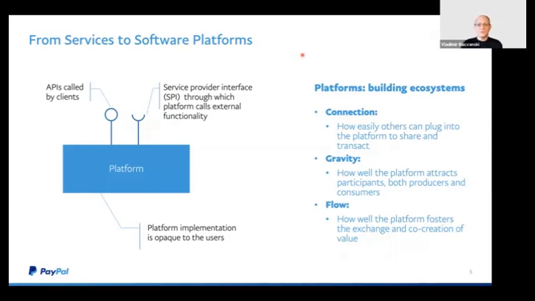The important rationale and thinking behind that is that platforms are still providing the APIs that are called by clients. We also have what we call a service provider interface, where the platform can reach out and call something from outside, and we keep the implementation hidden.